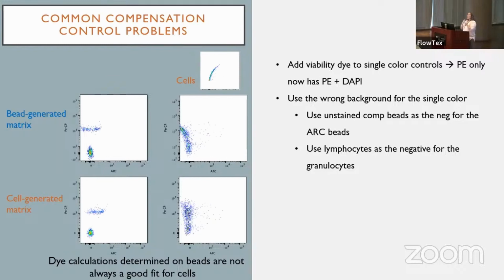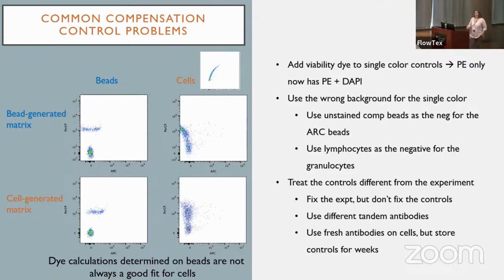Those do not have the same autofluorescence signatures, so you're subtracting the wrong background. It would be similar to having HeLa cells and lymphocytes in the same experiment and saying, hey, my HeLa cells are GFP positive, but I don't have any GFP negative HeLas, so I'm just going to subtract the lymphocytes. You wouldn't subtract 1/5 from 1/4 without doing something with the denominators, right? So that's kind of the same analogy for subtracting the wrong background here.